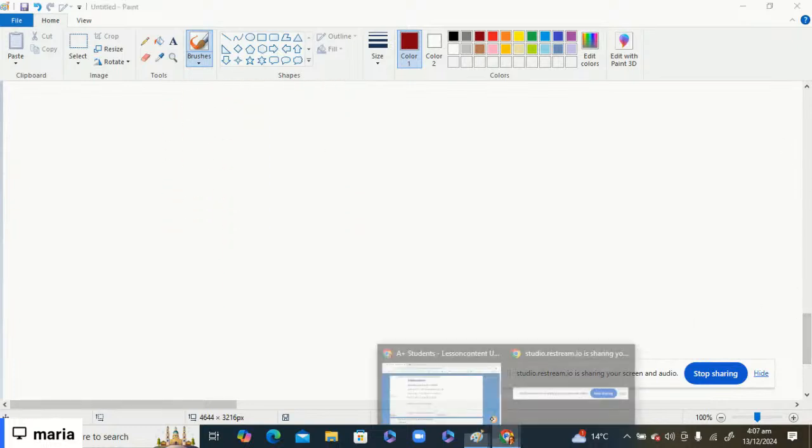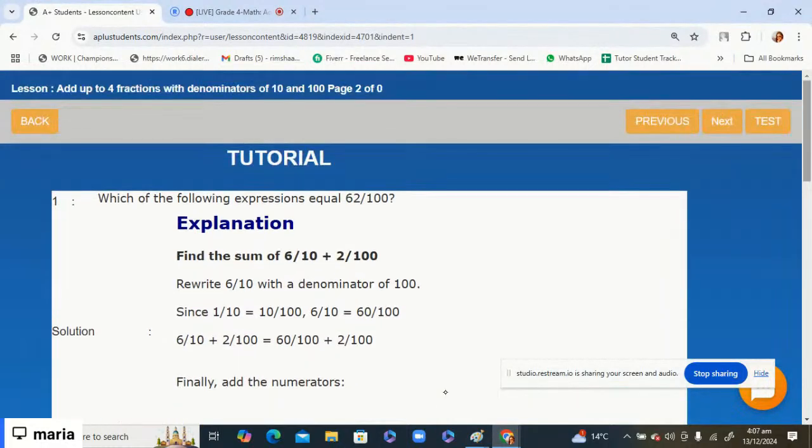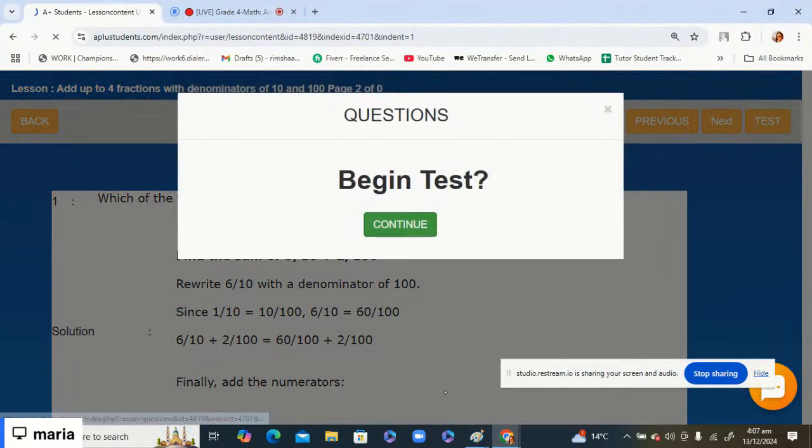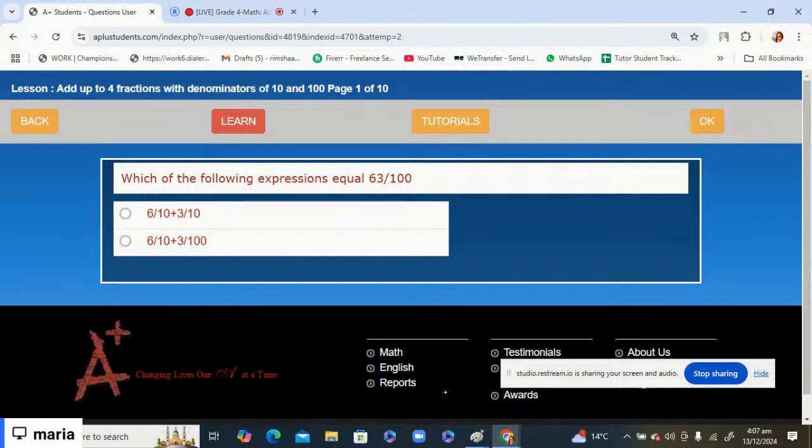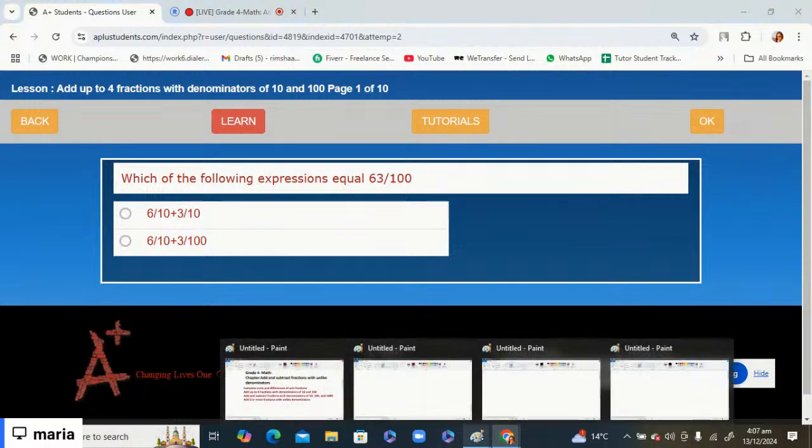Let's do the test questions now. Which of the following expressions equals 63 by 100? Let's solve it.